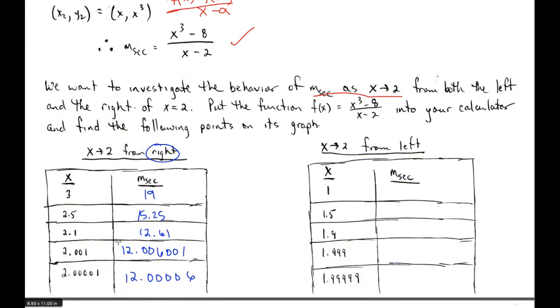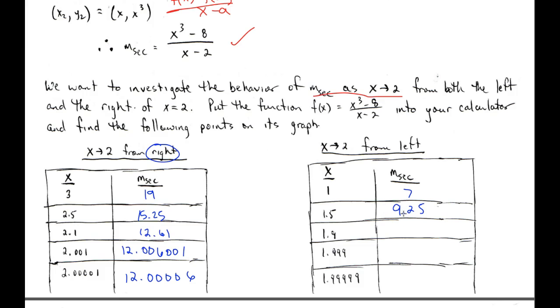If we go the other way, we plug in 1 into our slope of the secant line, which could also be called the difference quotient, we see that we get 7 in that case. If we do 1.5, we get 9.25.